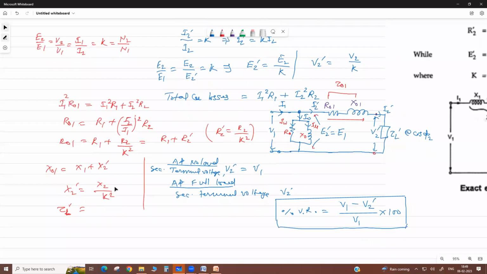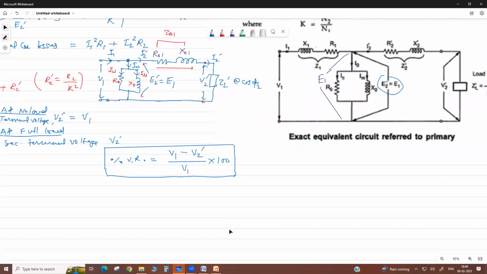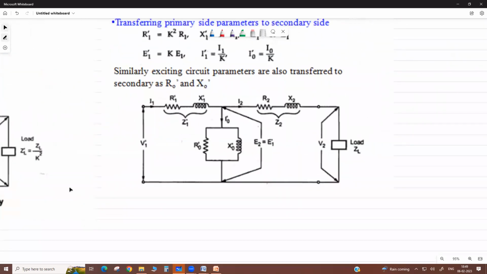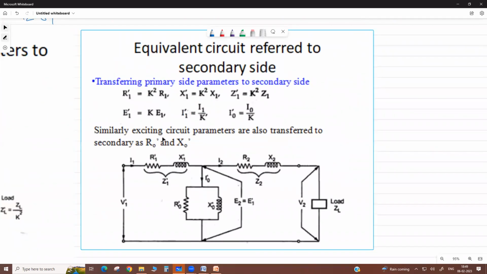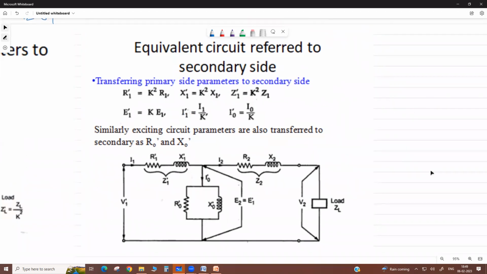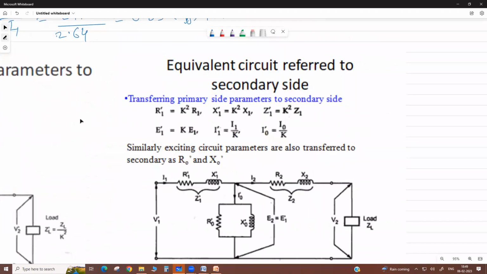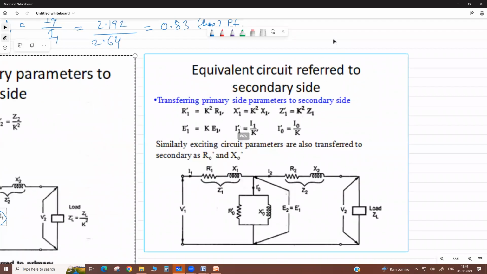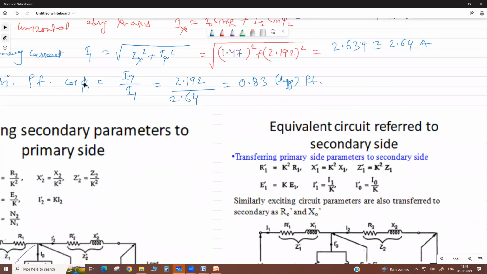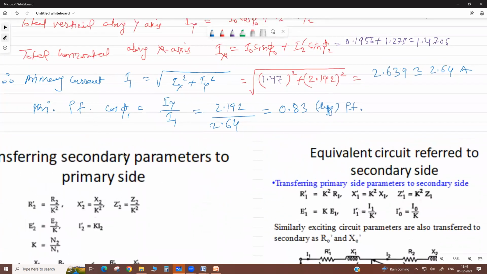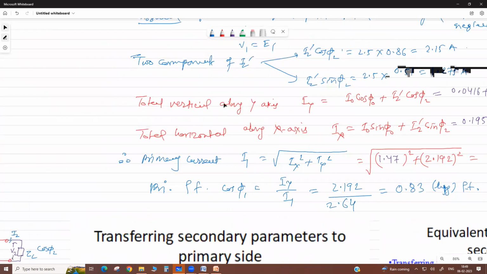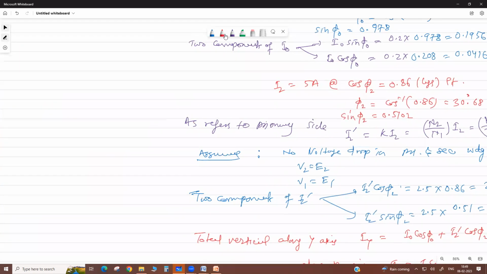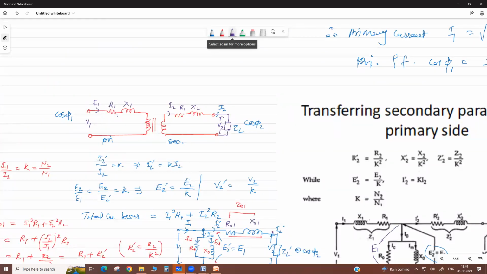Now we come to the next part of this question. If we transfer, as referred to the secondary side, this primary side parameter, here we draw this. In the primary there is also a magnetizing branch.